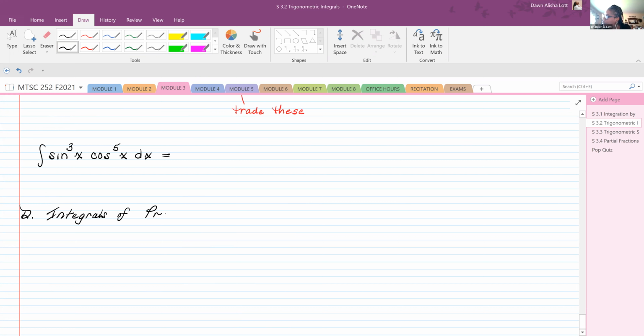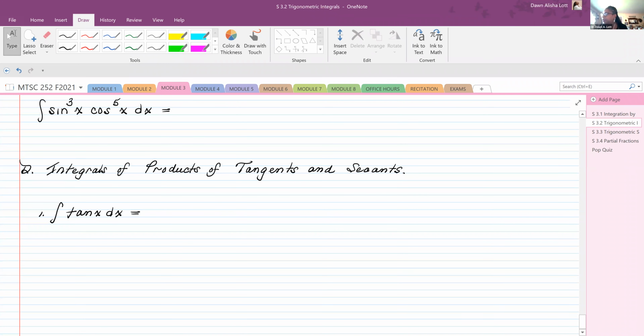Okay, so integrals of products of tangents and its partner, secant. Integral of tangent x. Well, we learned how to integrate this one a while back.